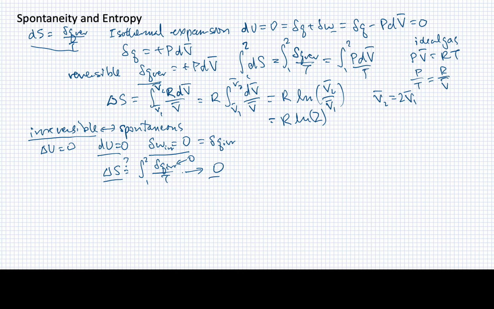But now let me stop a second and say, if I have a state function, which I do with entropy, that means it should only depend upon the initial and final states. Well, in this irreversible process, let's say I've arranged it so that the final volume is the same as the final volume in the reversible process. And I'm holding both of them isothermal, so they're at the same temperature, and I haven't changed the amount of the gas that I have.